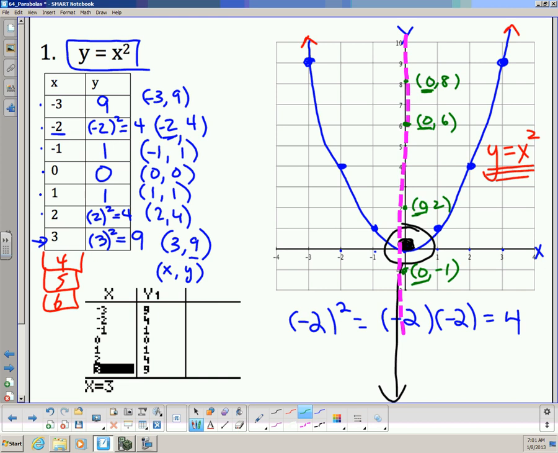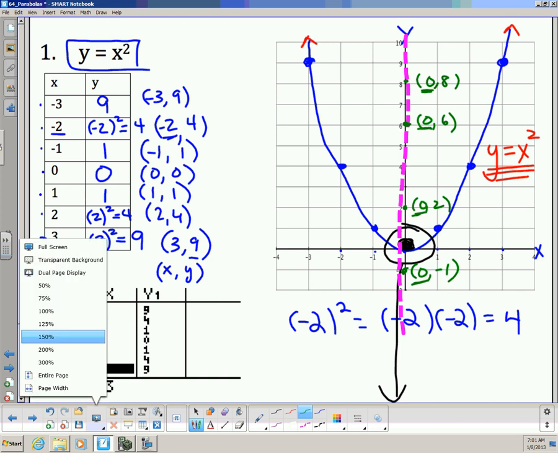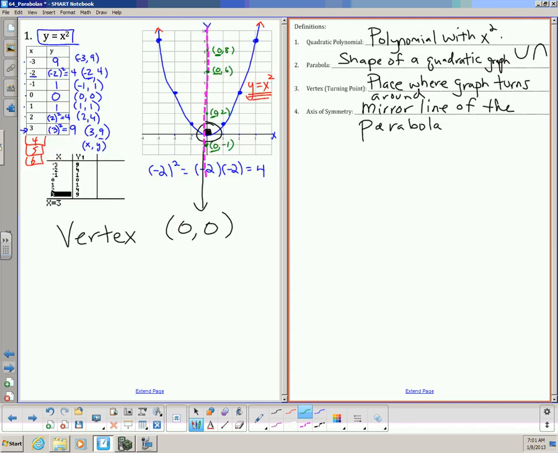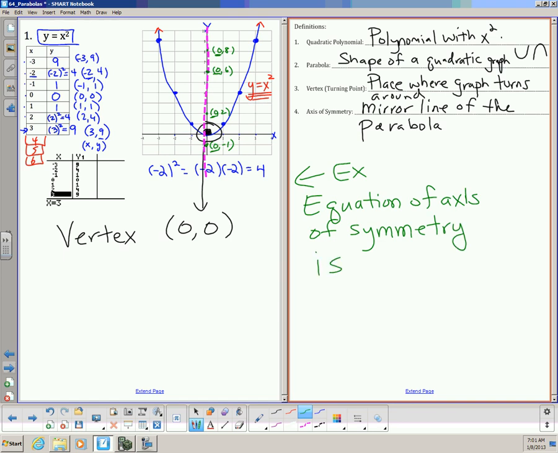So just in this example, the axis of symmetry's equation is x equals 0. It always starts out with x. So there's always going to be an x, and then you have to figure out the number.